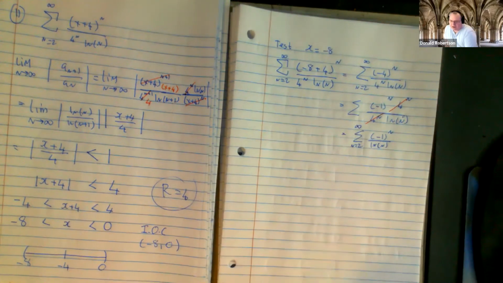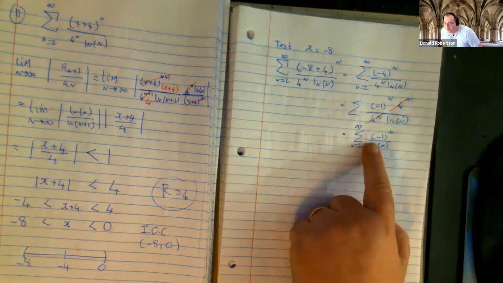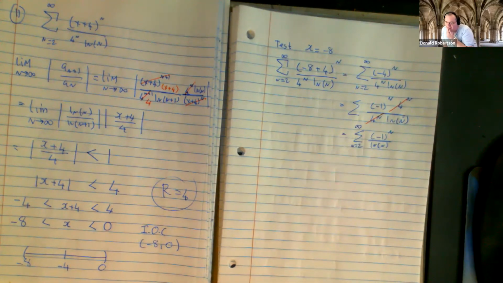Do you see an alternating series? Anybody want to tell me, does that one converge or not? And you're really doing a kind of guess, because you could do the alternating series test and prove it, right? But for homework purposes, we want to take shortcuts, don't we? Does that converge? 50-50 chance.